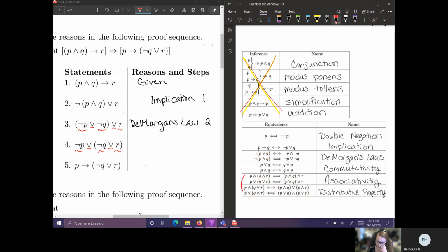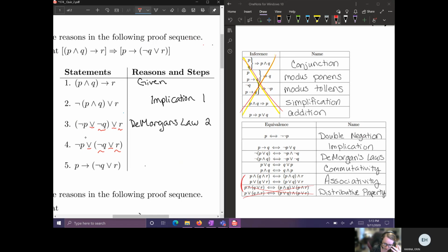But if you note in the distributive property, we have to have different signs. We have an and and an or in each case. So that one definitely is out. So the only one that's left that deals with moving parentheses around is associativity. And so here, that's exactly what we have going on.